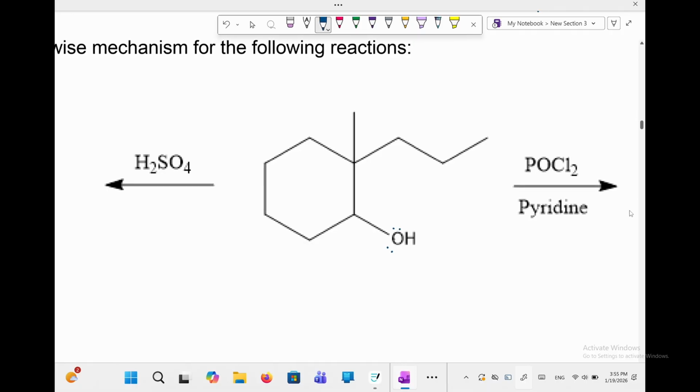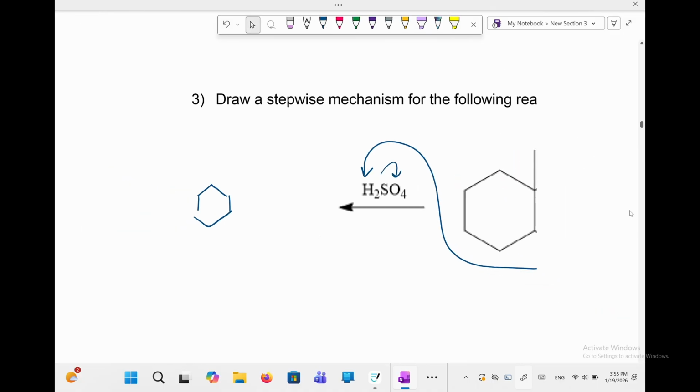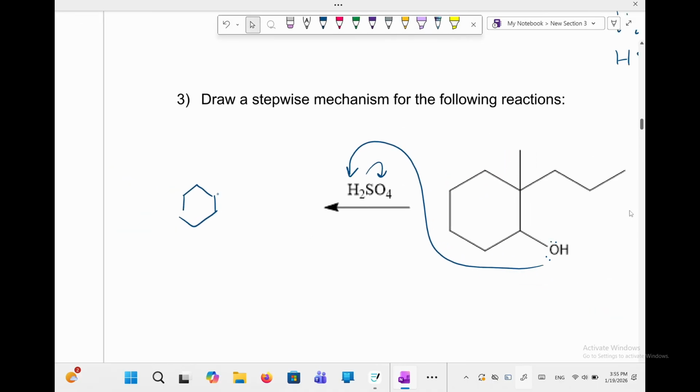The alcohol is going to deprotonate the sulfuric acid, giving OH2 plus. And the first thing that happens in an E1 reaction is that the leaving group leaves.